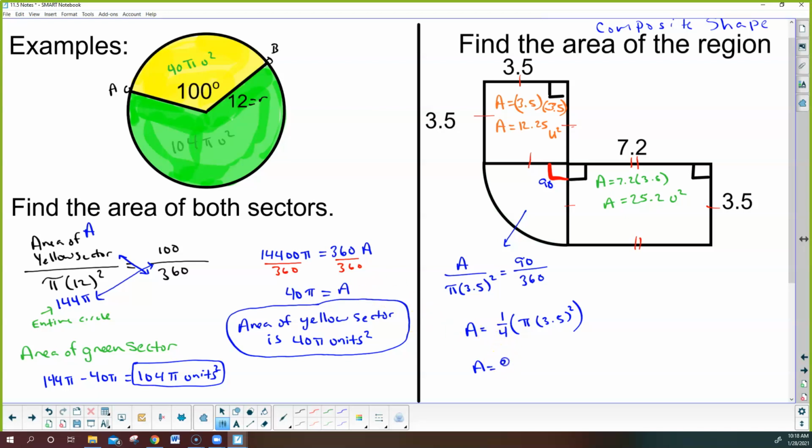But I know the area of this sector rounded to 3 decimal spots is 9.621. And then my final answer is adding up all of those areas. And somewhere just mentioning the total area is the sum of those 3 pieces.